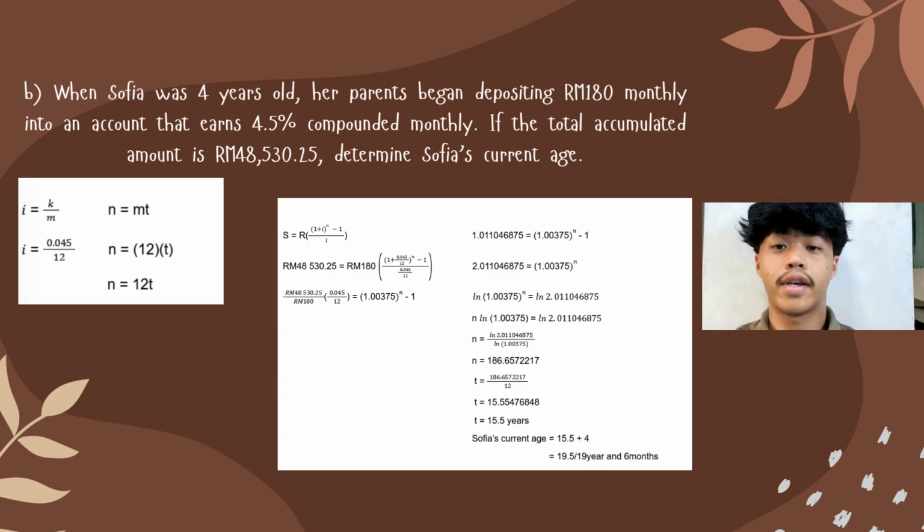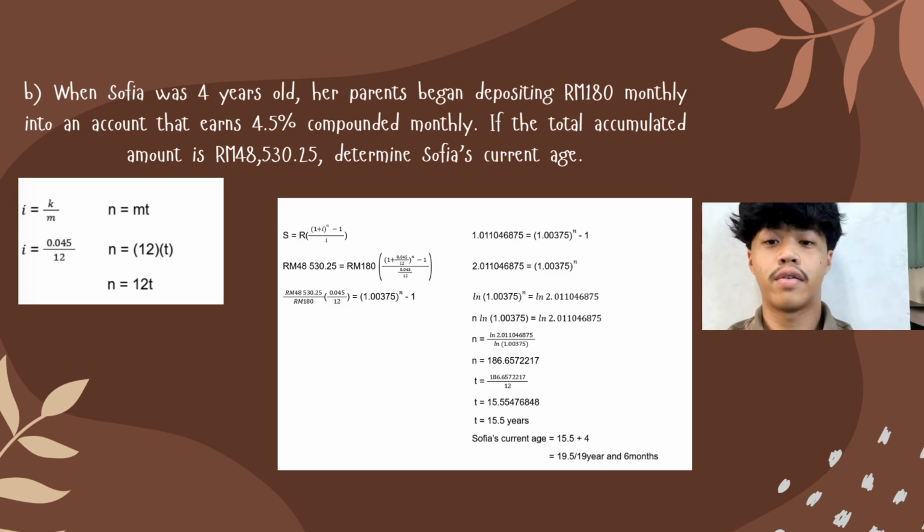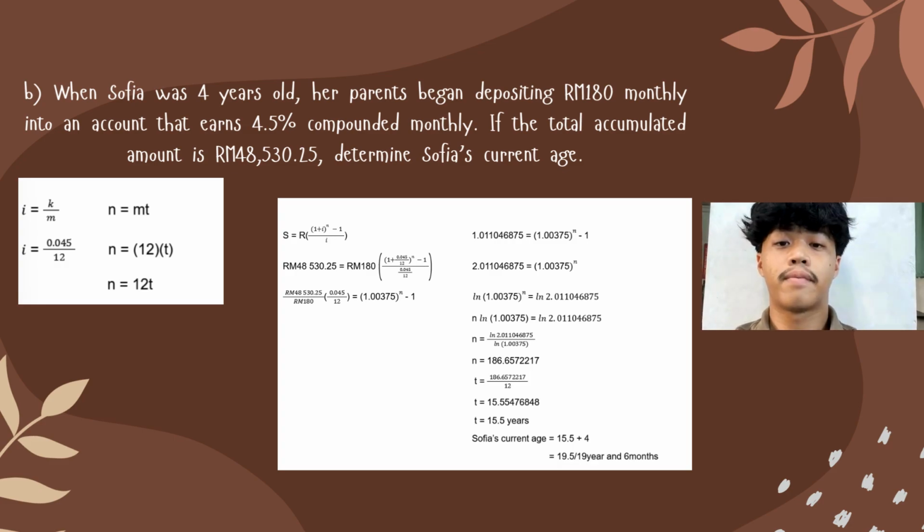If we want to find the n value, we must rearrange the components given to the left side and the n value on the right side. So it will become RM48,530.25 over 180 multiplied by 0.045 per 12 equals 1.00375 power of n minus 1.